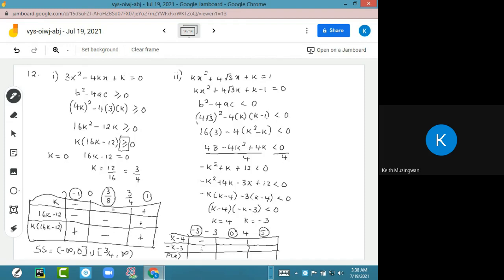This will be positive. So we'll get negative altogether. When k is 0, this will be negative. This will be negative. So we'll get positive altogether. K is 5. This is positive and this is minus. So we'll get minus altogether. It's less than, so we need the solution set, which is negative. So from negative infinity all the way up to negative 3, union 4 to positive infinity. This is our solution.